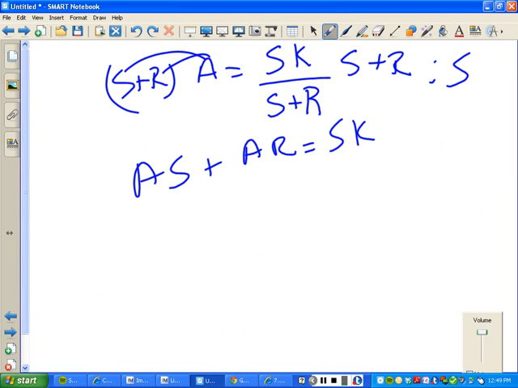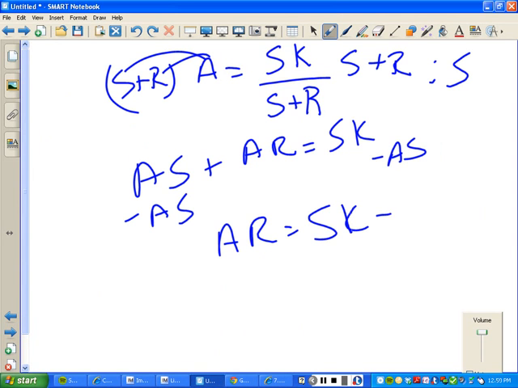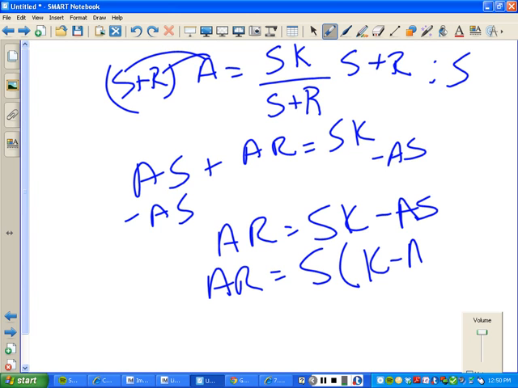Subtract AS: AR equals SK minus AS. We're solving for S, so factor out the S. AR equals S times K minus A. Divide by K minus A. And you'll get AR over K minus A.